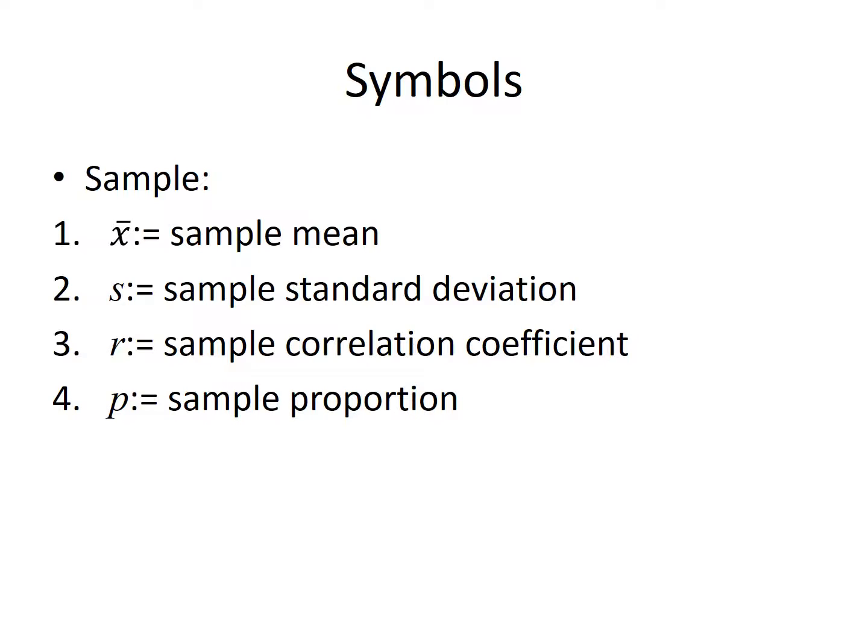And we have a lowercase p, which often represents the sample proportion. Now, these are commonly used symbols, and these are their commonly used definitions for these symbols. But please note that you have to read over the text that you're using to make sure that these symbols still have those meanings.